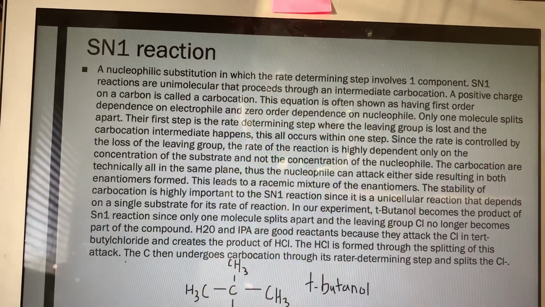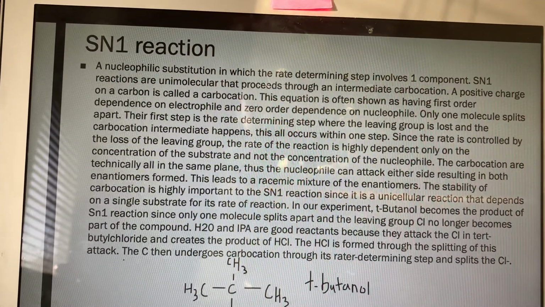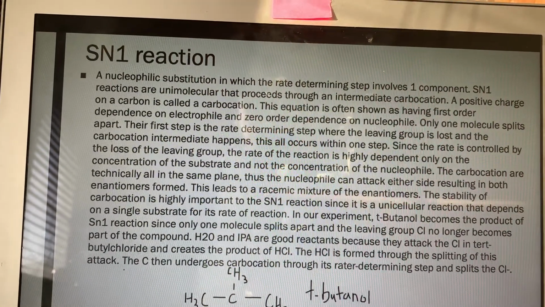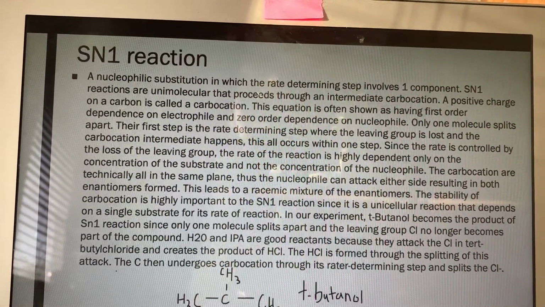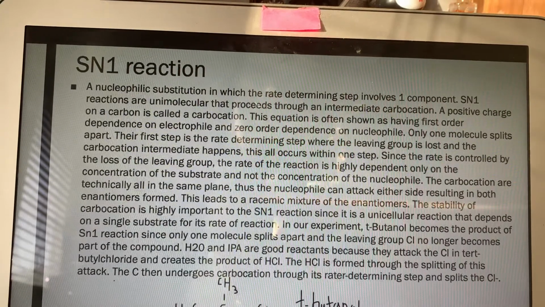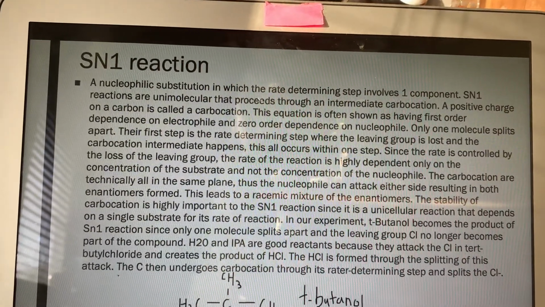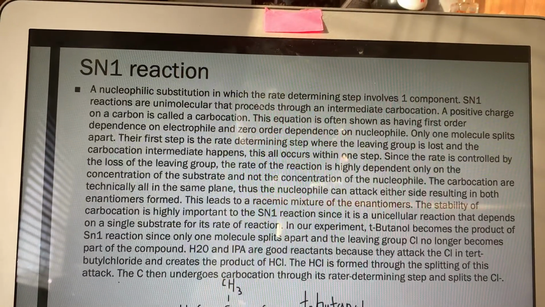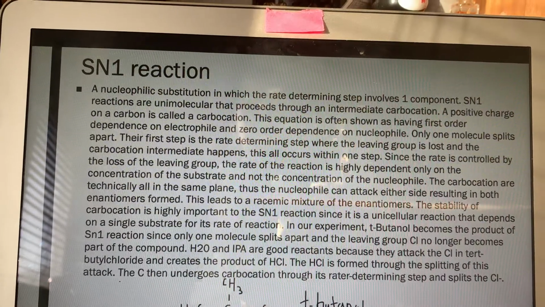H2O and IPA are good reactants because they attack the Cl in the t-butyl chloride and create the product HCl. The HCl is formed through the splitting of this attack. The C then forms the carbocation through its rate-determining step and splits off the Cl.